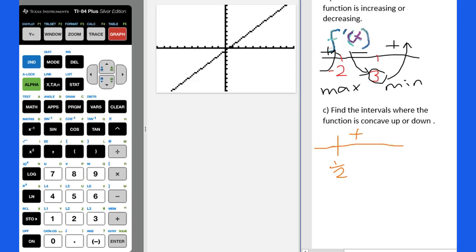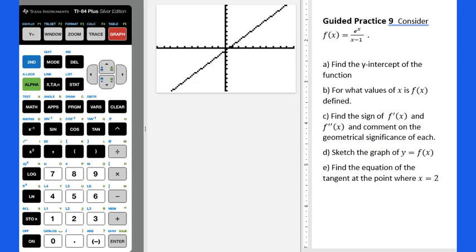When x is less than 1/2, the graph is below the x-axis, so it's negative. In other words, when x is greater than 1/2, it's concave up. When x is less than 1/2, that's concave down.